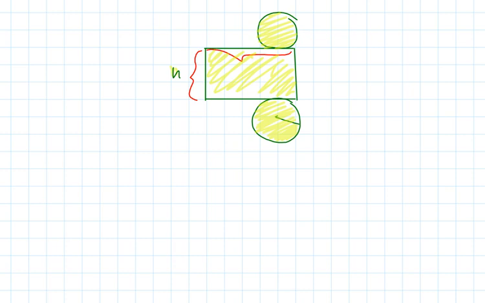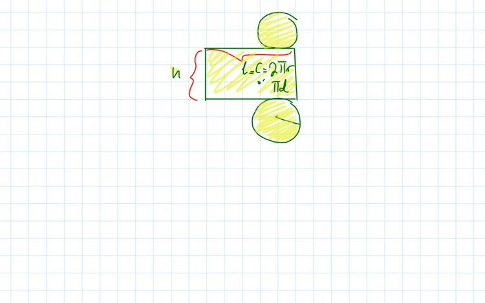So the circumference of the circle is the length of this rectangle, capital C, or 2 pi r. Of course, you can also use pi times d, whichever information you have available to you.